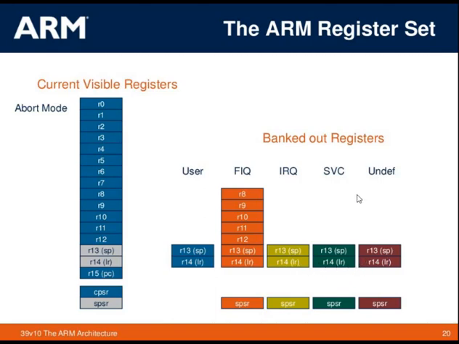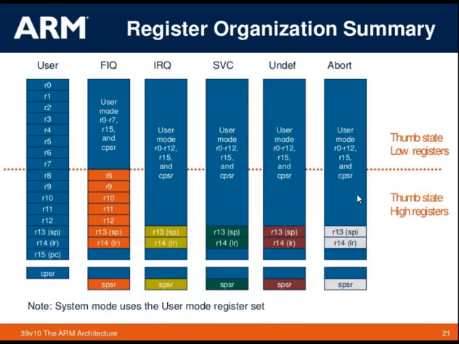For CPSR in user mode, R0 to R7 is called the Thumb state low registers, then R8 to R15 are the Thumb state high registers. The system uses the user mode register set, like we also work in user mode.